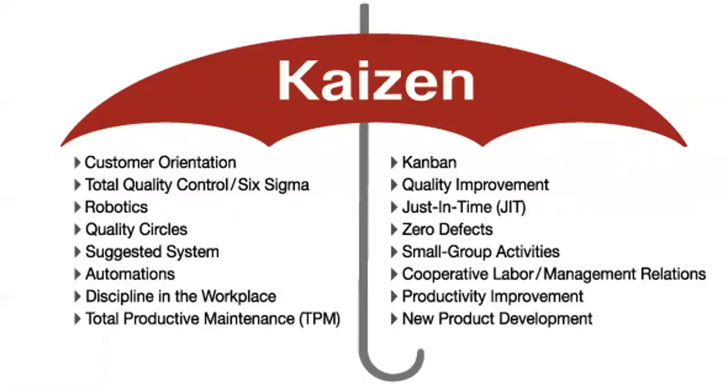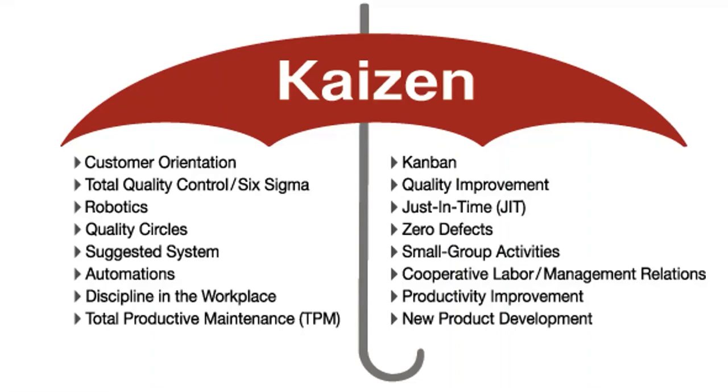Under the umbrella of Kaizen, different things are covered, like customer orientation, then total quality control, Six Sigma, which we are going to see, then robotics. Nowadays robotics is the most popular technique used in many organizations. Then quality circles also use Kaizen. Then suggestion systems are used. In the field of automation, Kaizen is used.